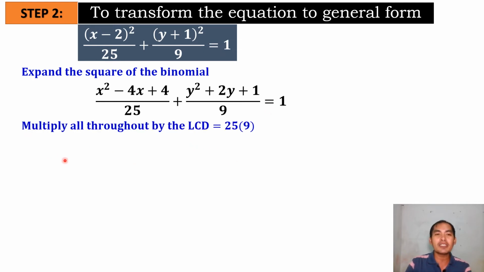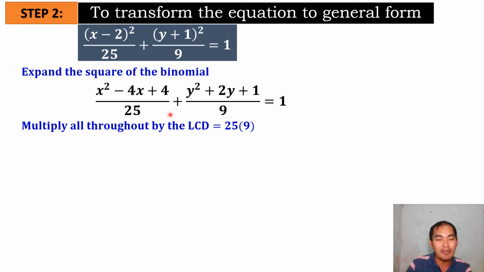Your next step is to multiply all throughout by the LCD. The LCD is the LCM of the denominator, 25 times 9. Ang shortcut dito, itong 9, i-multiply lang dito sa 3 terms ng first term. Okay? Multiply to x squared, 9 times negative 4x, 9 times 4.